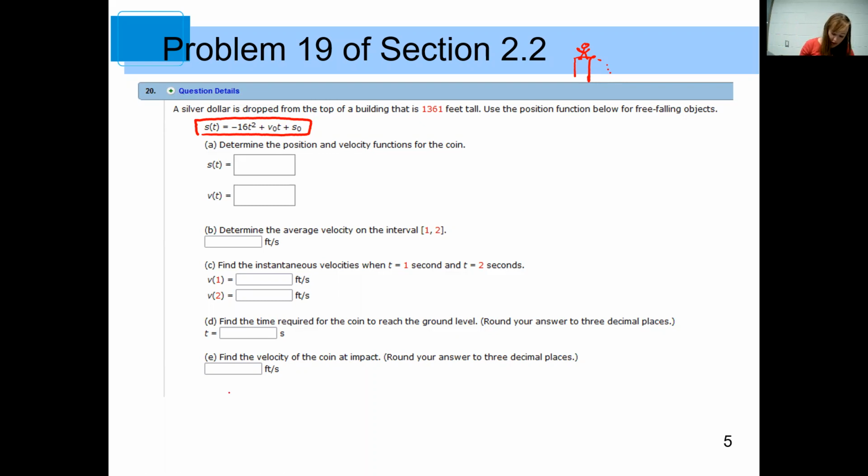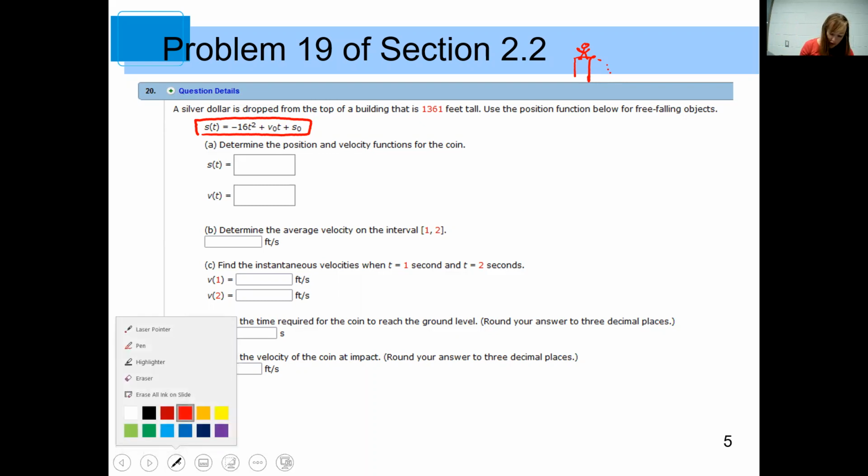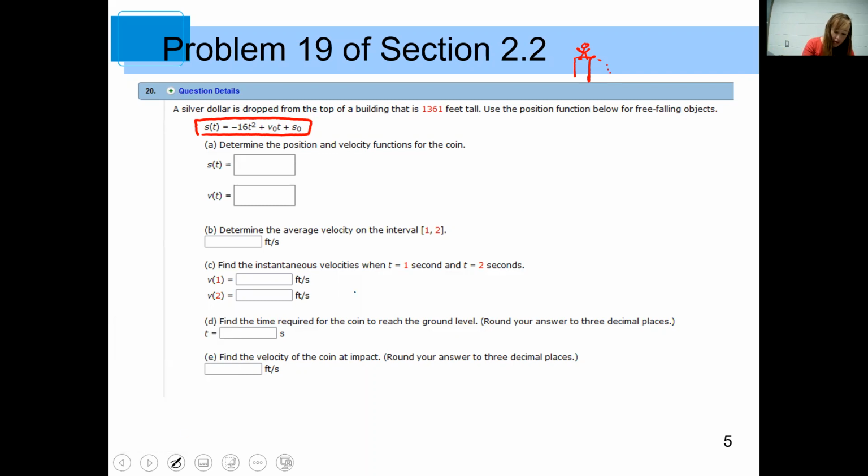So for the position function, while we are given the position function, there's a couple components that are missing. We're missing the initial velocity. So that v naught, the subscript of 0, means the initial. It's a specific value of v. It's the function v evaluated for when t equals 0.